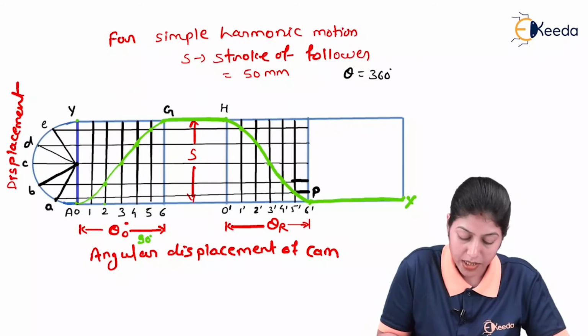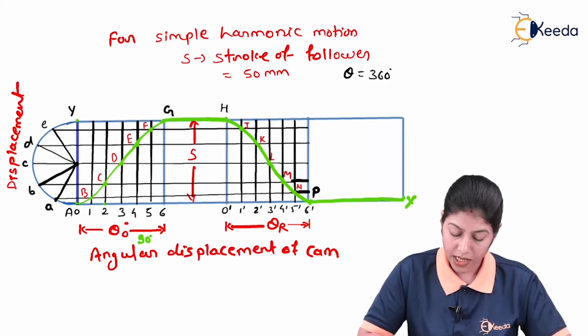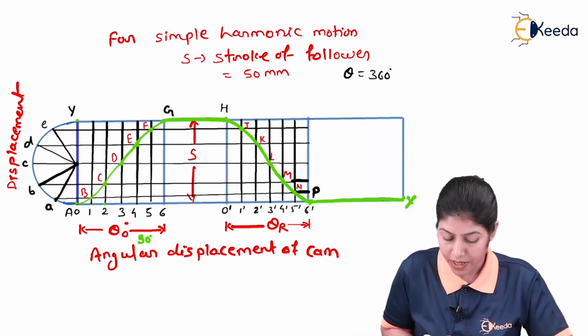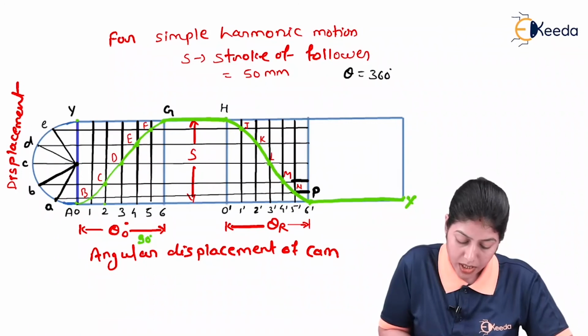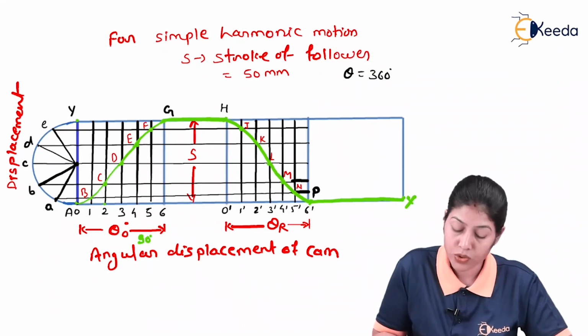Here if we are marking these points as B, C, D, E, F, J, K, L, M, N. So here 1B, 2C, 3D, 4E, 5F and 6G. We will mark on outstroke.